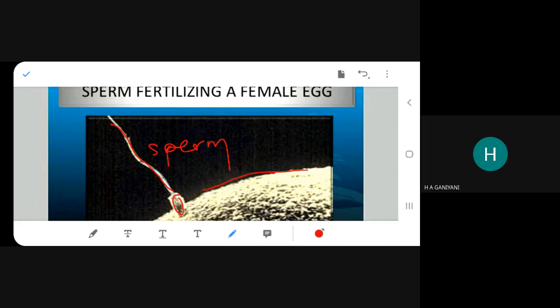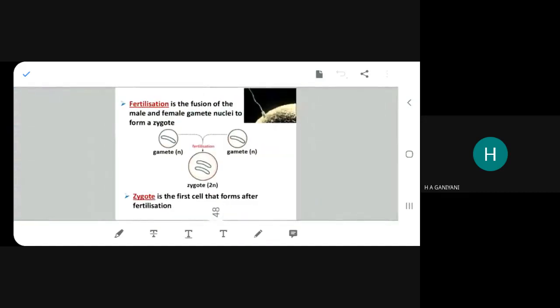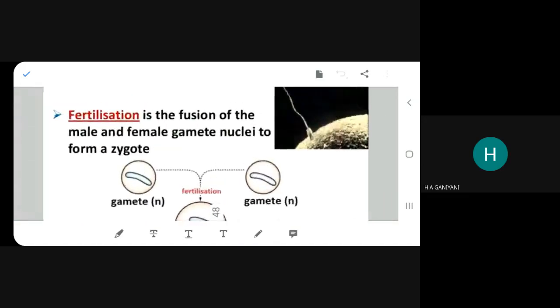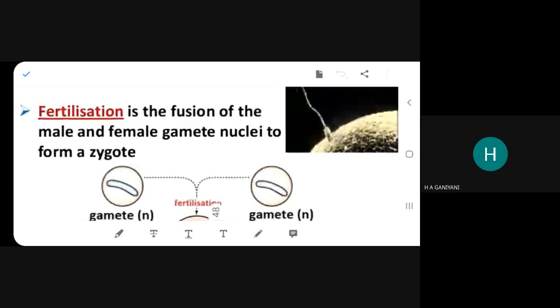And this is the ovum. Sperm is fertilizing the ovum. This is electron microscopy. Now let's see what happens. So that's why I've put it over here. You can see the same picture.